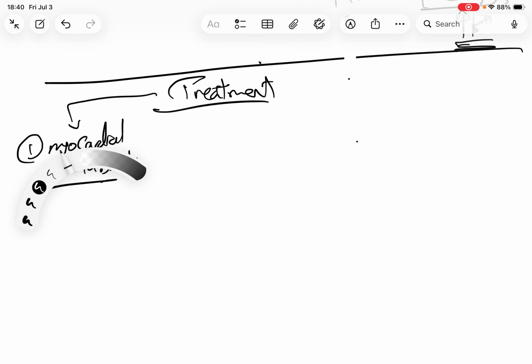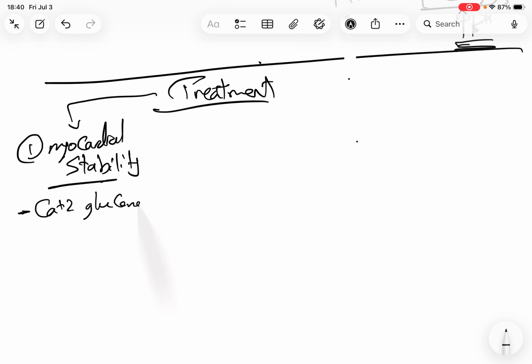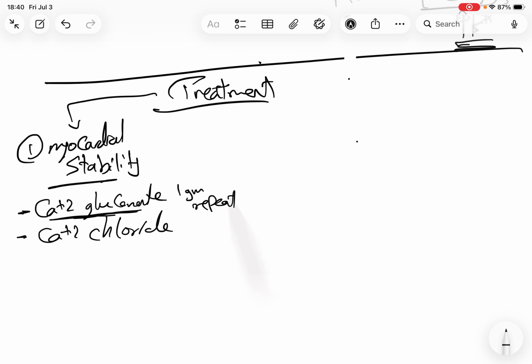One of these medications is calcium gluconate, and the other one calcium chloride. Usually we like to use calcium gluconate. We give 1 gram calcium gluconate and repeat every 5 minutes if the EKG changes are still there and the potassium is still high.